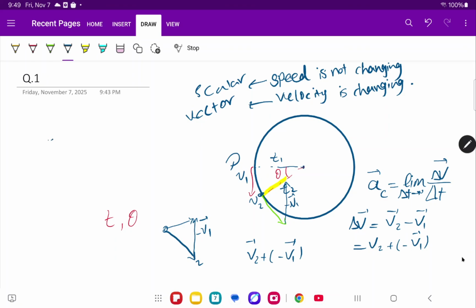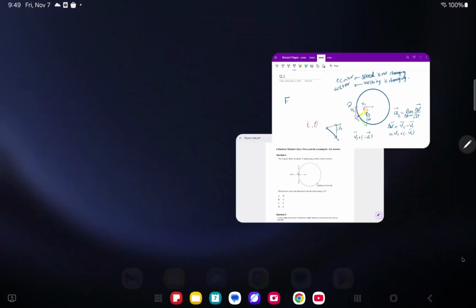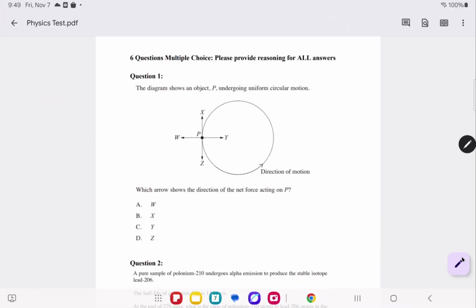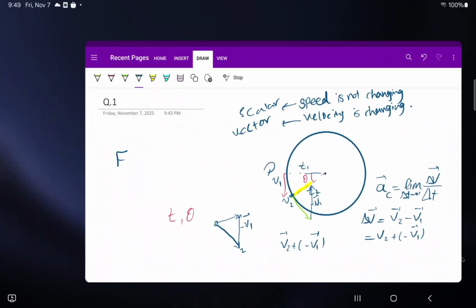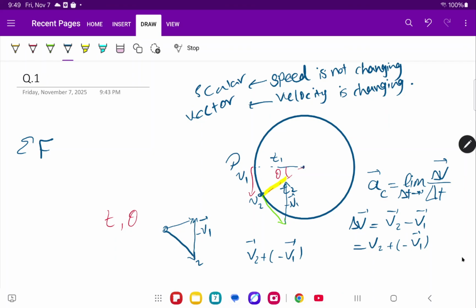Since the question asked about the net force acting on P, you know that in a circular motion the net force is equal to m a_c, right? So the net force is in the same direction as the centripetal acceleration.